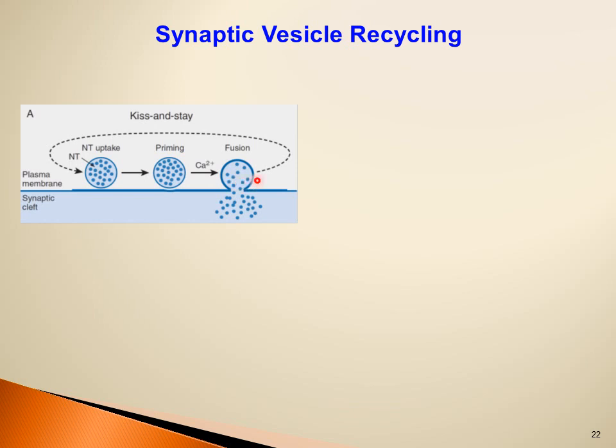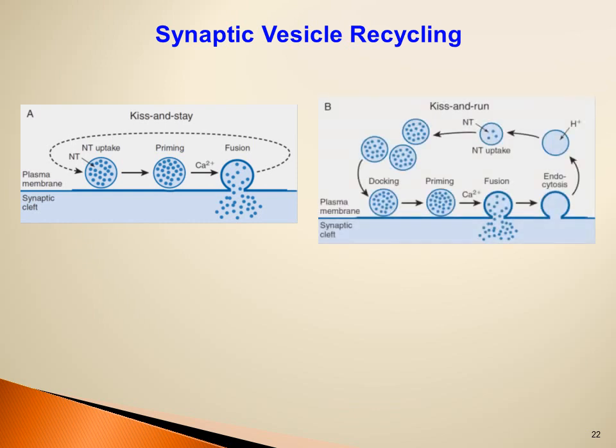They remain docked in the active zone, and they will be refilled by the neurotransmitter and primed again in preparation for fusion in the presence of calcium with the presynaptic membrane. So they don't leave the active zone. They remain docked, and while docked in the active zone, they are refilled with the acetylcholine or with the neurotransmitter.